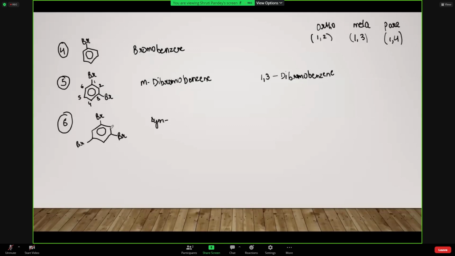When alternate जगह पे लगे होता है, like this one carbon leave करके alternate carbon atoms पे bromine attached है, so this is SIM tribromobenzene. ठीक है, and in IUPAC again we can simply say that it is attached to the 1, 3 and 5 positions. So 1, 3, 5 tribromobenzene.